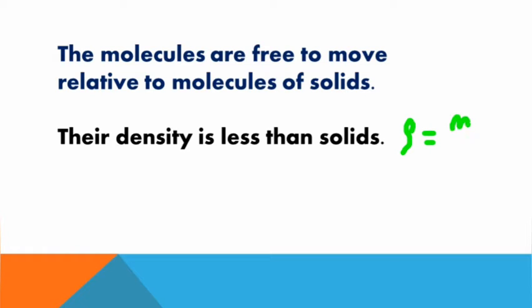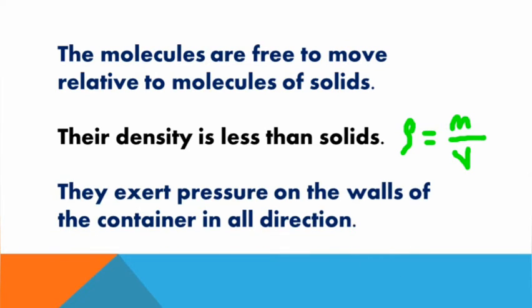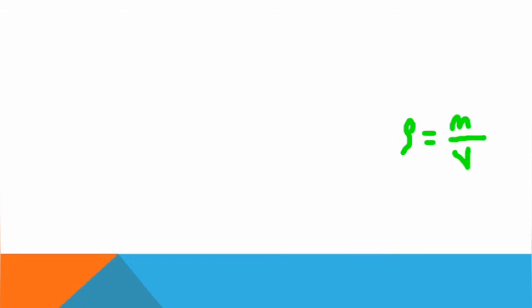So the larger the volume, the smaller the density. So the density of liquids is less. They exert pressure on the walls of the container in all directions. This is another property of liquid.